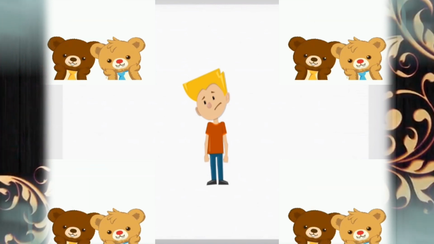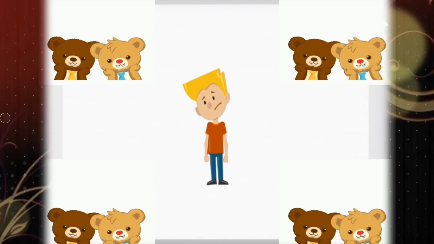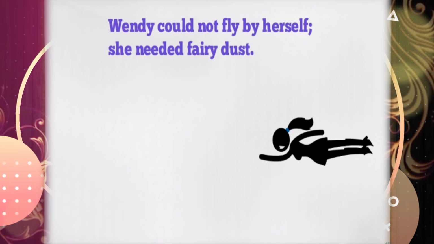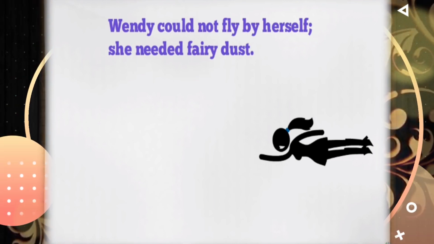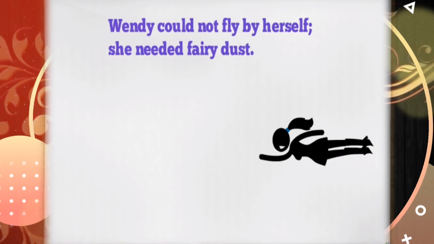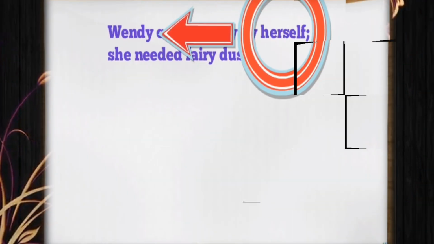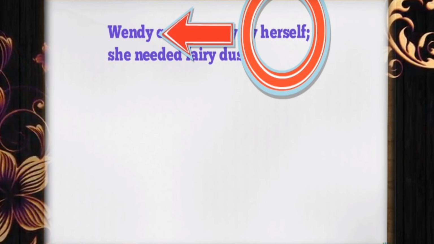So let's take a look at another example which contains a reflexive pronoun. Everybody read. Wendy could not fly by herself. She needed fairy dust. In this example, herself reflects the subject Wendy.